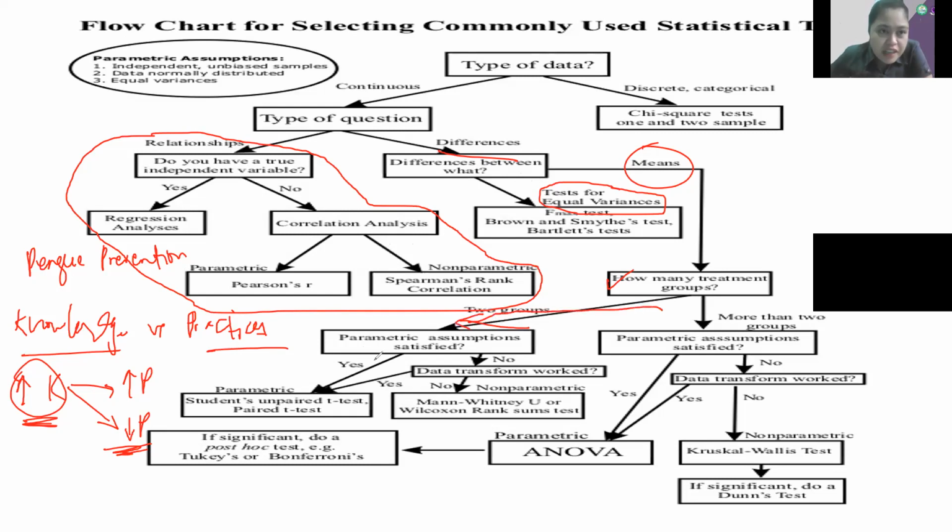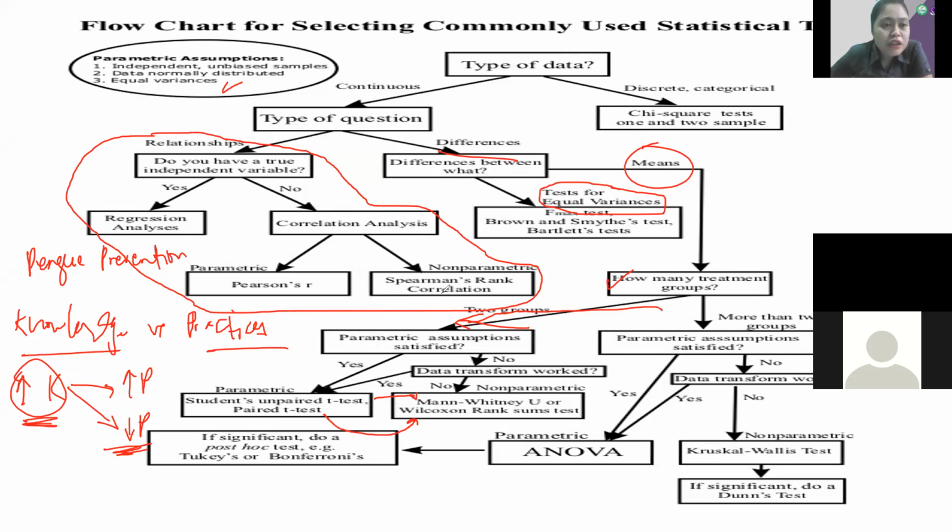If na-satisfy ng lahat ng groups yung mga assumptions written above, ang tawag natin sa test is the independent t-test or the paired t-test. And then pag hindi na-satisfy, ang non-parametric equivalent ng unpaired t-test is called the Mann-Whitney U-test. And for the paired t-test, ang partner niyan is si Wilcoxon signed-rank test. Okay? So may mga non-parametric equivalent yan sila.